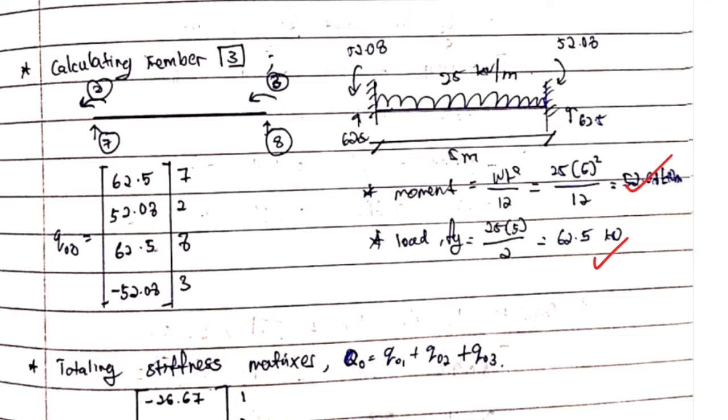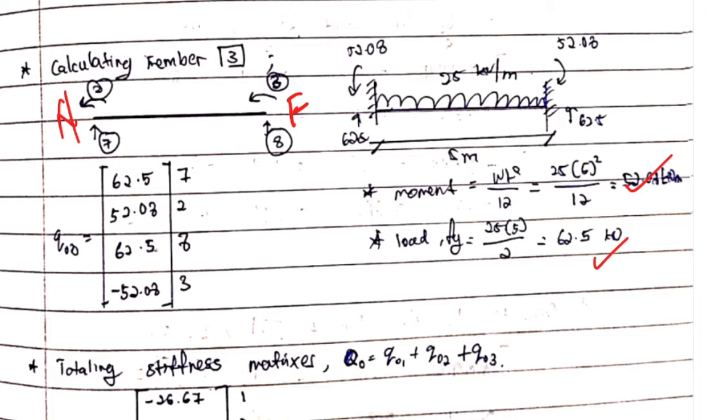Then we need to compare at near. At near node 7, 2, and far node is 8, 3. So find the value in the right diagram and put into the equivalent element nodal force for element number 3.